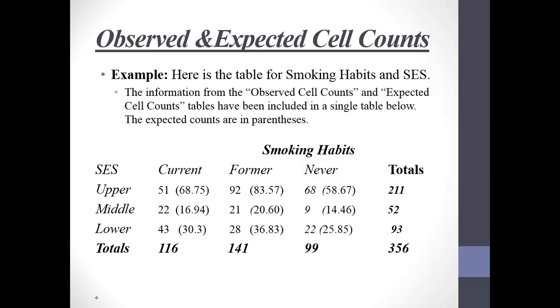All right, so let's practice doing this. Again, here's our table, and now I've included both the observed counts and the expected counts. In each cell, I have the observed counts and then the expected counts in parentheses. And again, that's in your notes. Let's think about how we can calculate these things.